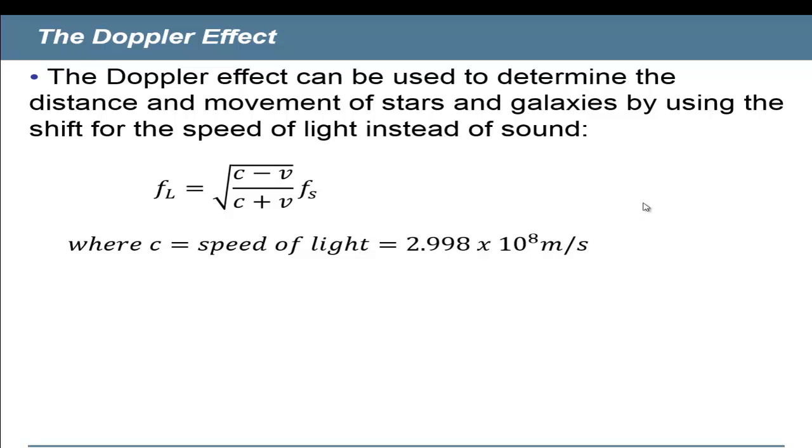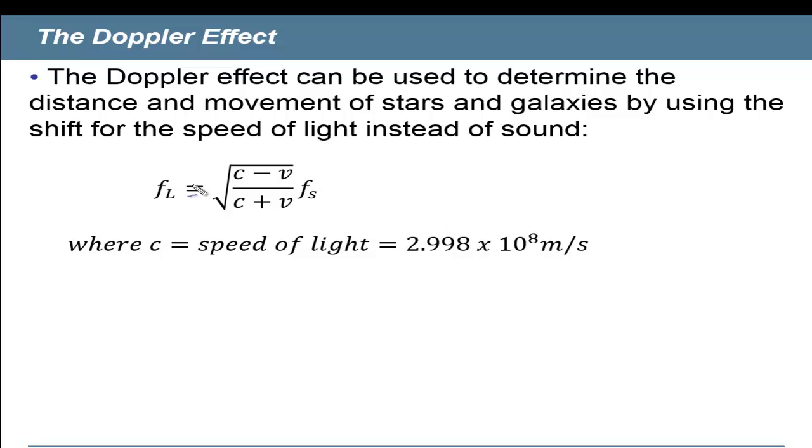We can also use the Doppler effect to measure the distance and movement of stars and galaxies by using a Doppler shift for the speed of light instead of for the speed of sound. So in this case, we have the frequency that the listener hears, or in our case, we're the observers, we're the listeners, right?